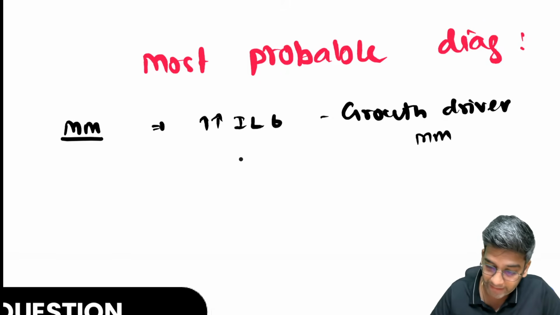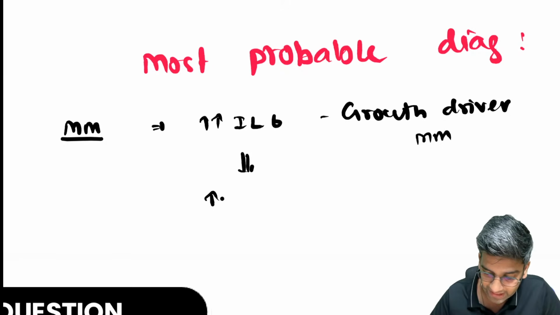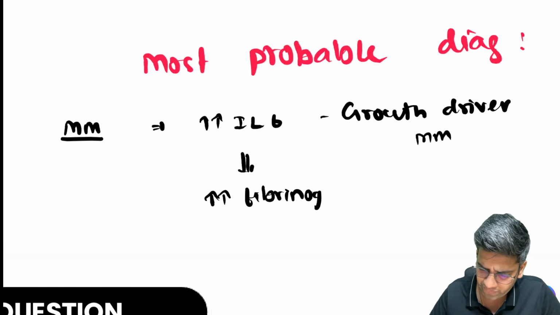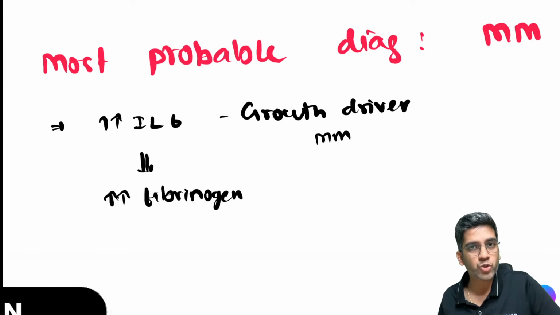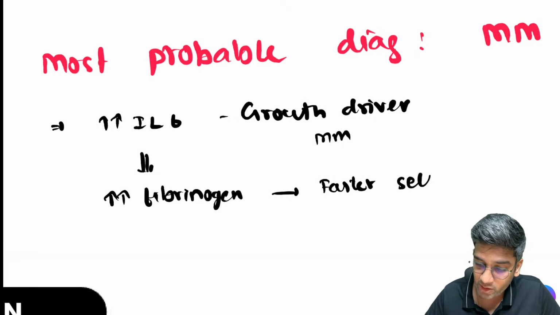Interleukin 6 is also an acute phase reactant, if you remember, so it increases fibrinogen levels in the blood. The moment fibrinogen levels increase, the zeta potential gets neutralized between the RBCs. This will result in, like Siddhi exactly said, faster settling of RBCs.